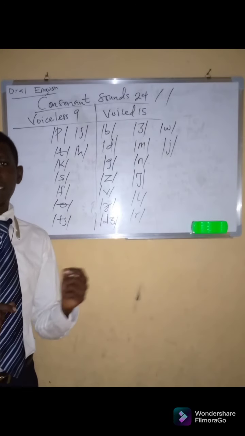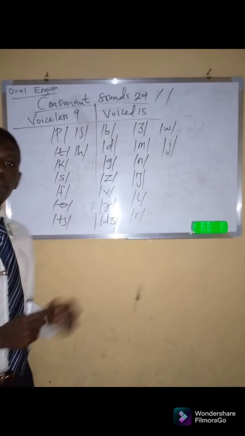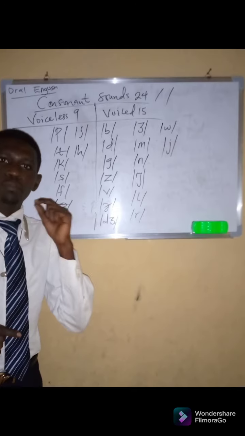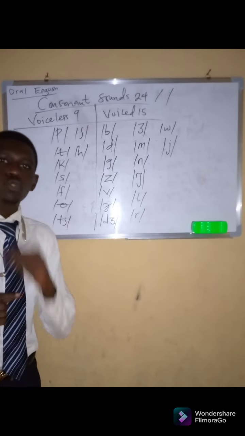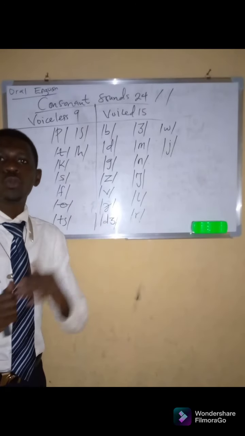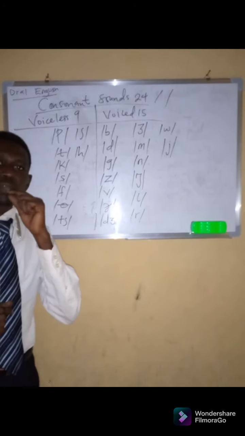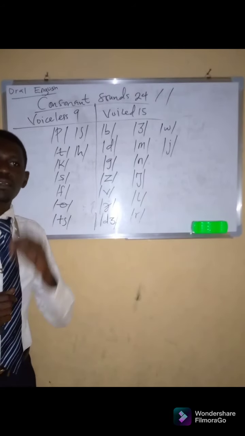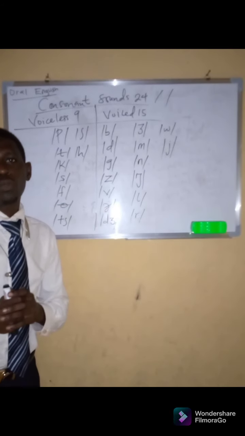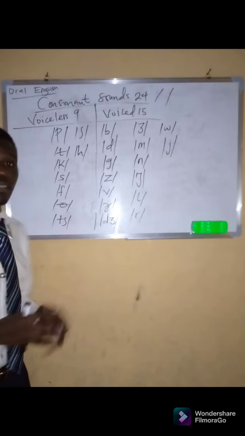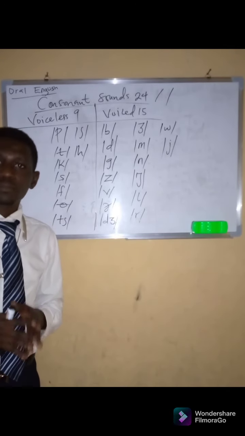Think, not sink. If you want to pronounce this sound correctly and accurately, you must place your tongue in between the upper and your lower teeth, which is to say, the tongue must come out a little bit, in between the upper and the lower teeth, like this, as in the word teeth.